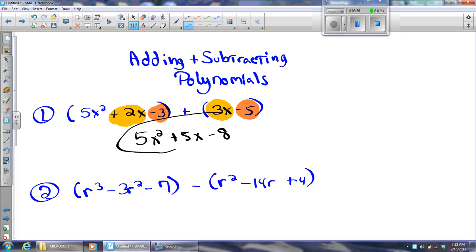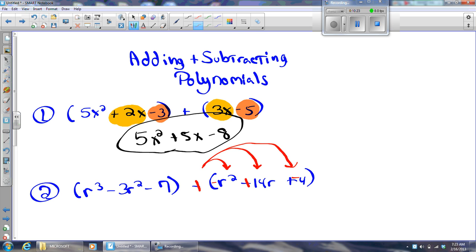Okay, now one thing many of you will make a mistake on is like problem number 2. You see this negative here? Who does he belong to? This entire quantity. I need to distribute him. Now, I don't like to rewrite the whole thing. Kind of lazy. Certainly you can. I like to multiply by -1 all the way through the problem.